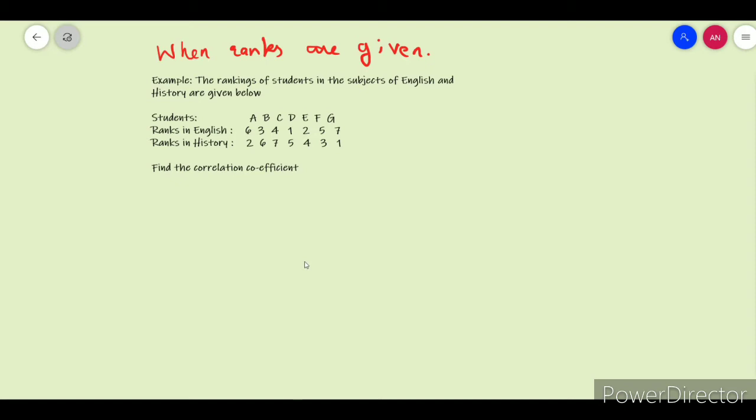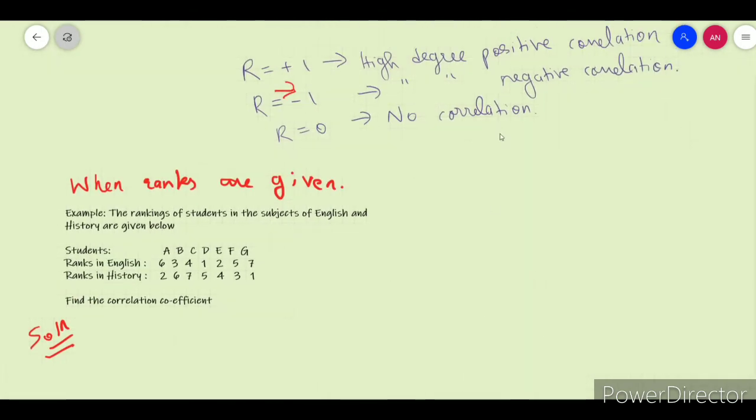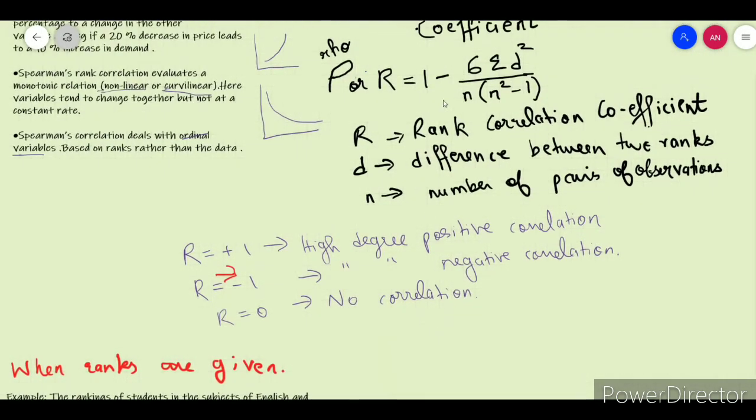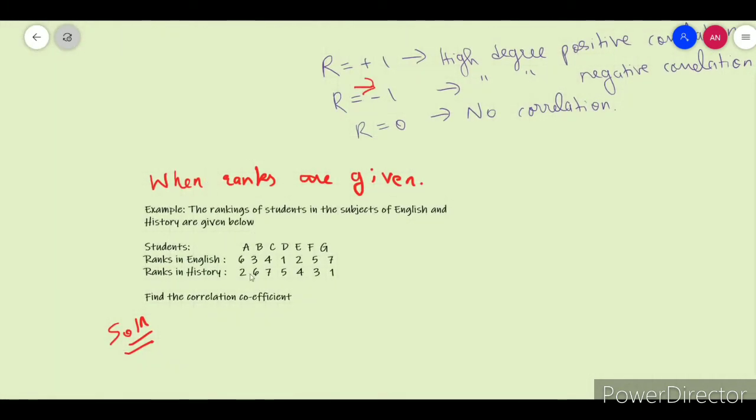So let us solve this sum. What we need to apply this method is the value of D, which is the difference between ranks, and the ranks here have been given.